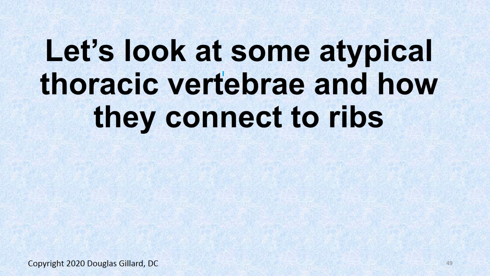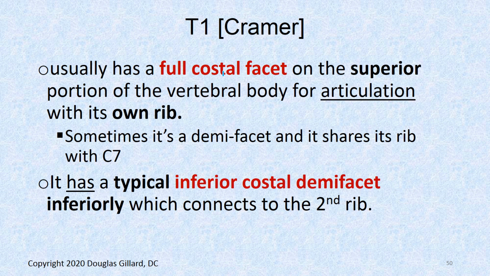Let's take a look at some of the atypical thoracic vertebrae and how they connect to ribs. So T1 is a little strange. I'm not sure if we talked about this, but it usually has a full costal facet, not a demifacet, on the superior portion of the vertebral body. Why is it so big? Because T1 usually doesn't share with C7. Therefore, it's a full facet there.